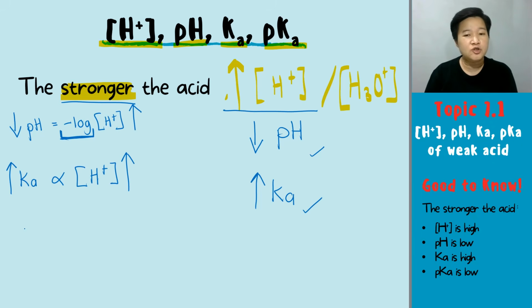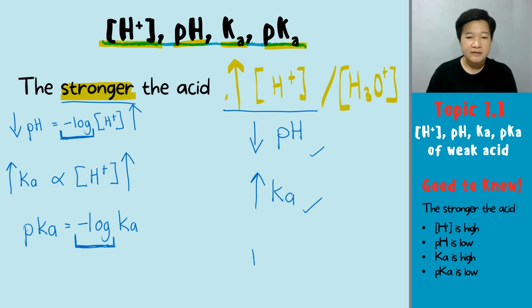Then what happened to the pKa value? pKa value equals to negative log of Ka. Remember the negative log, guys? The negative log will cause an inversely proportional relationship. So when the Ka value is so high, that means the pKa value will be extremely low. Okay?